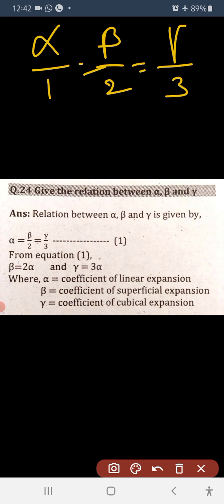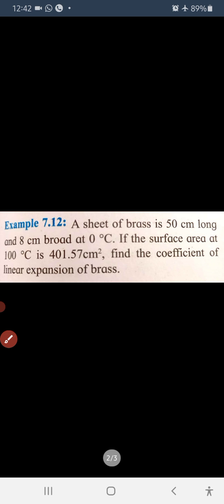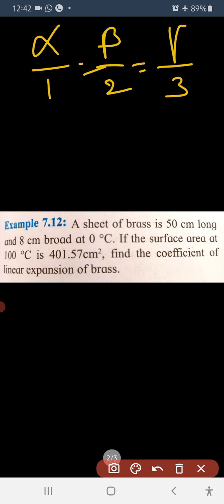Now let us see one numerical which is related with this relation. A sheet of brass 50 centimeter long and 8 centimeter broad at 0 degree centigrade. So that sheet of brass is having length 50 centimeter and breadth 8 centimeter.